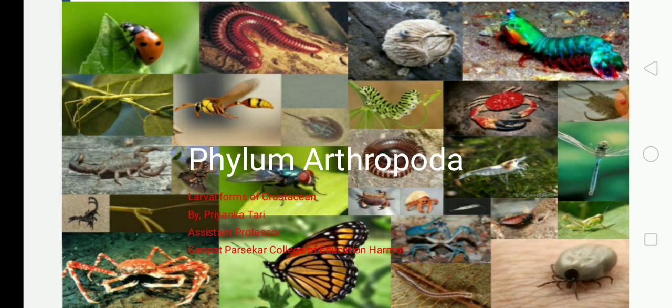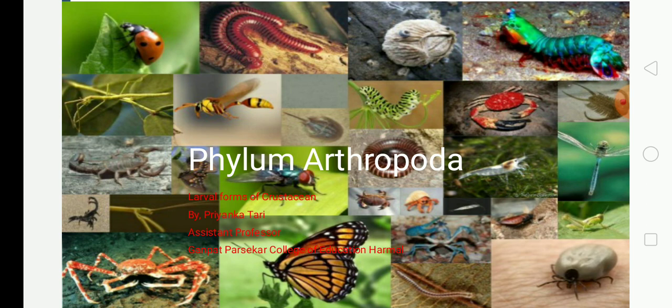Okay, so in crustacea, they develop either directly or indirectly. Direct development consists of hatching of eggs into the young one, and this young one resembles its adult, whereas indirect development includes hatching of eggs that gives rise to a larval form.